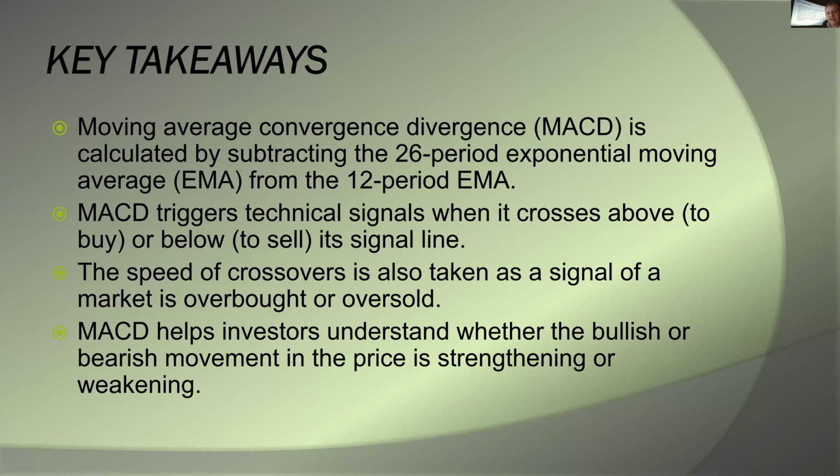MACD triggers a technical signal when it crosses above its signal line, which is a buy, or below, which is a sell. The speed of the crossovers is also taken as a signal that the market is being overbought or oversold. MACD helps investors understand whether the bullish or bearish movement in price is strengthening or weakening. And that's really the indication by the histogram.